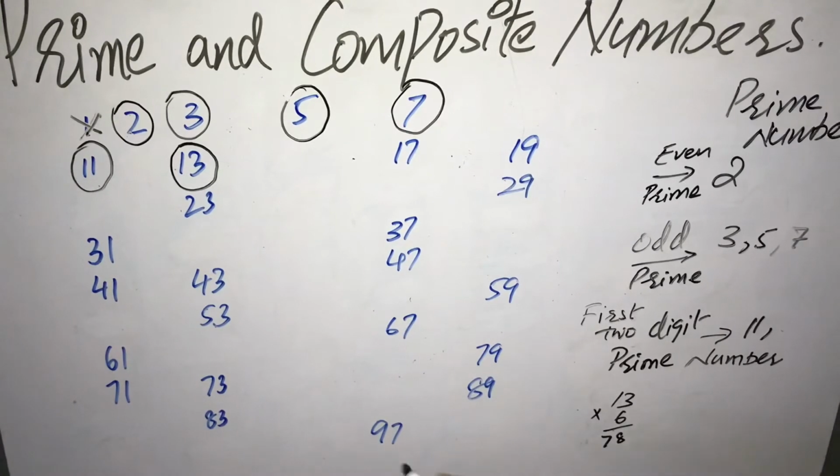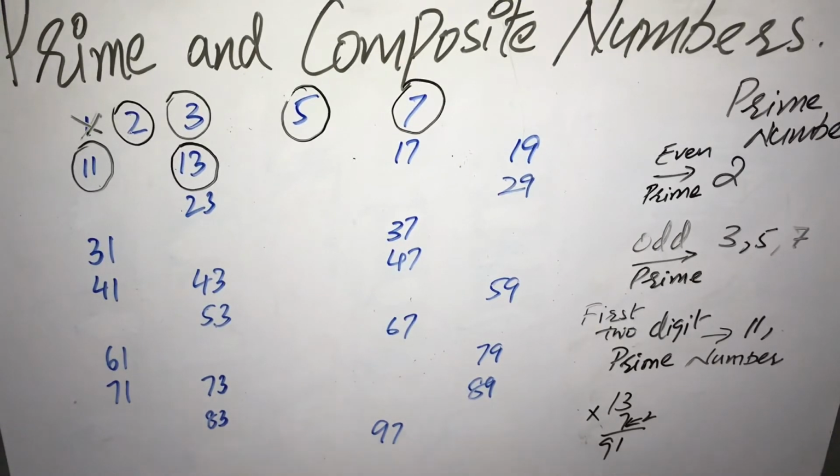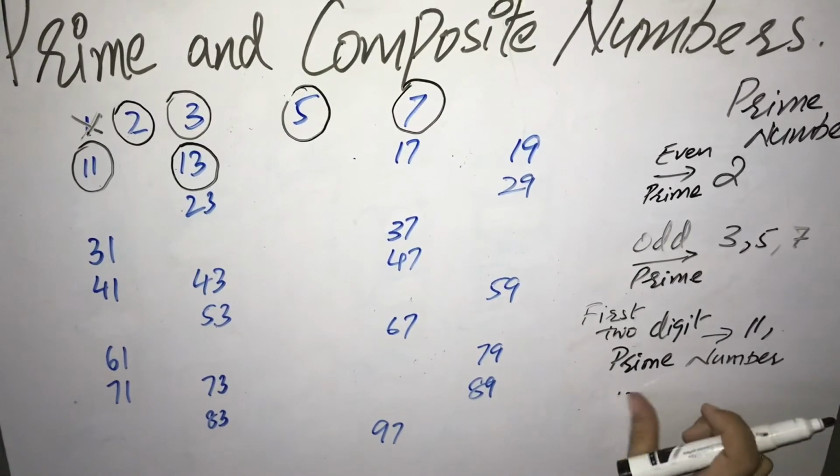Yes, 78, even number. 13 7s are 91, it was also a multiple of 7, so it is erased. So all the multiples of 13 less than 100 are finished.